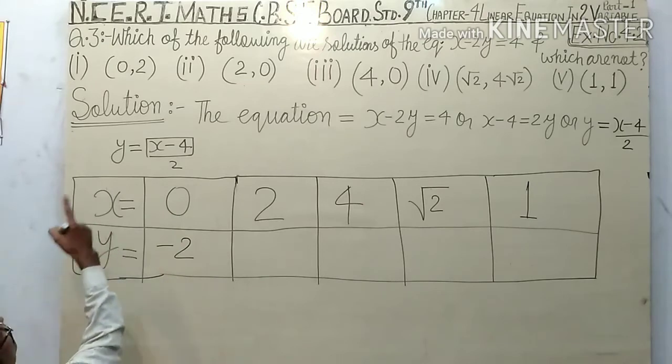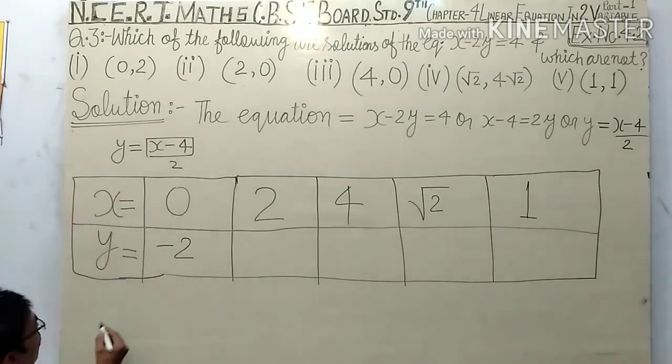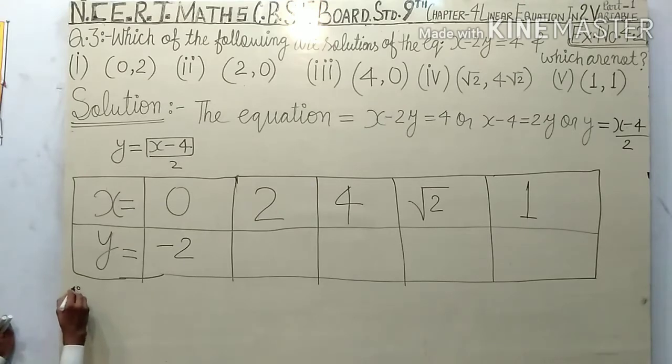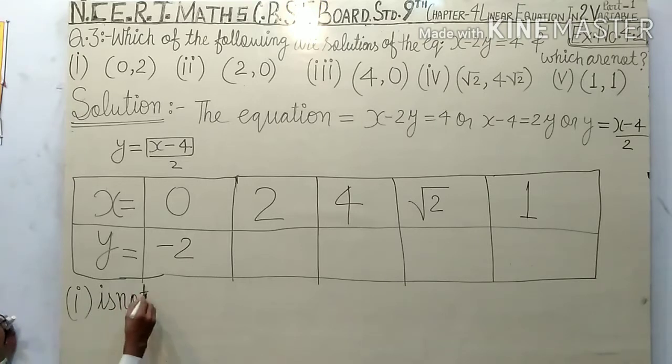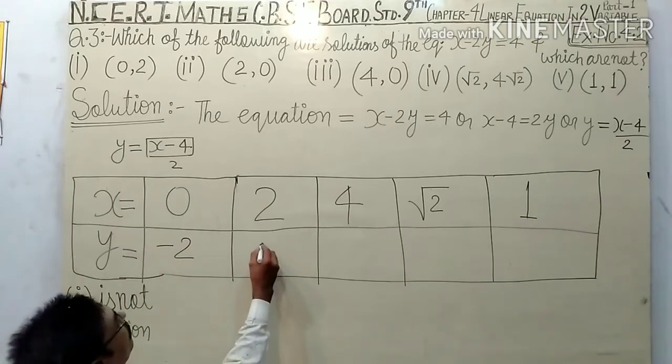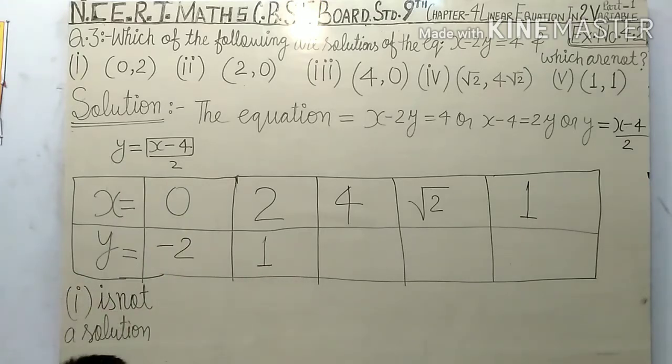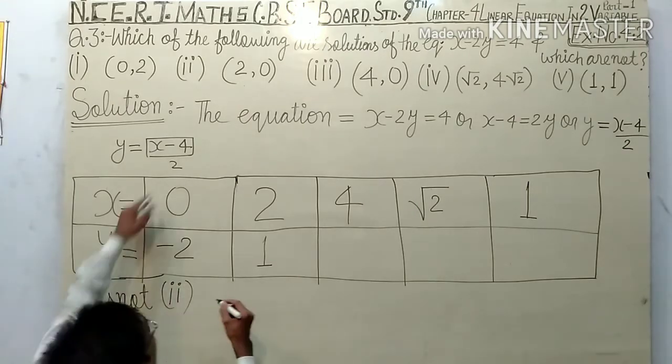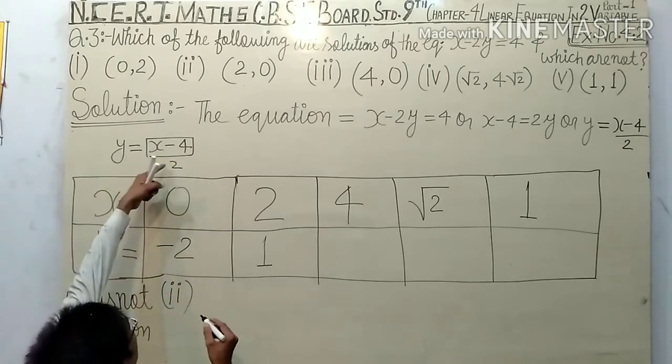0. So first option is not a solution. And second, by putting value of 2: 2 minus 4 is minus 2, by 2, minus 1.